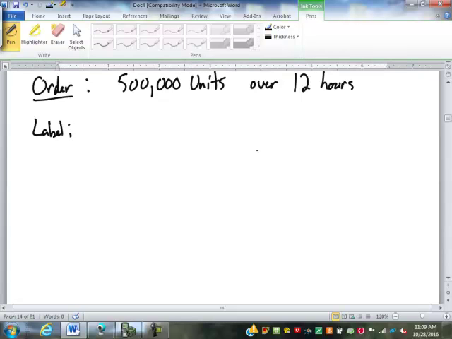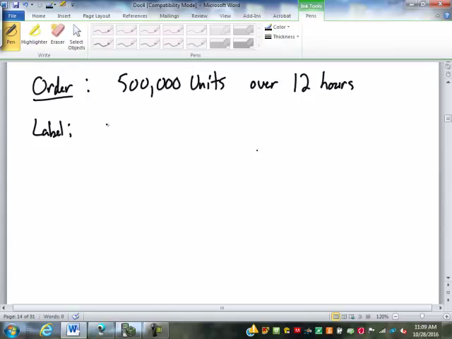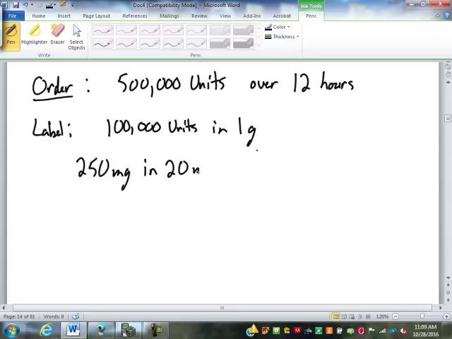Our label says there's 100,000 units in 1 gram. It is constituted 250 milligrams in 20 milliliters, and drop factor of 10 drops per milliliter.